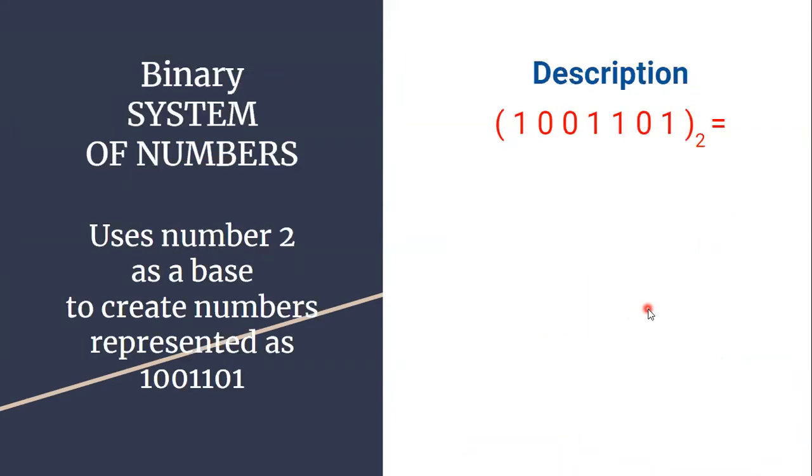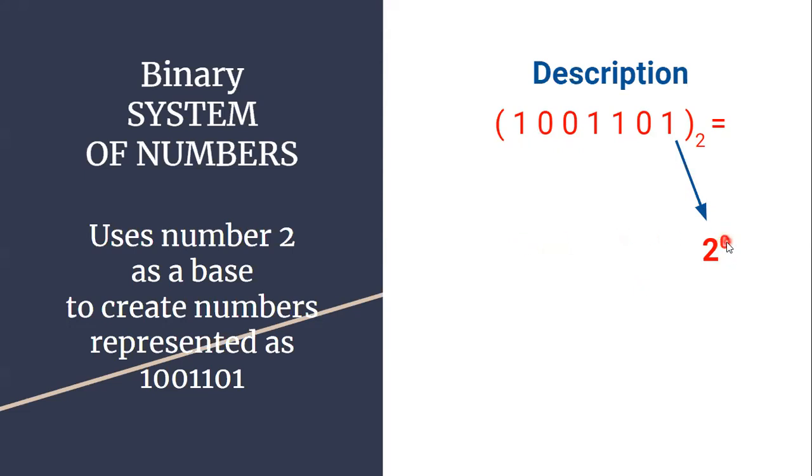So let's continue now with the conversion of this binary number to a decimal number. What I'm going to do is start from the right side of this binary number and write the base 2 to some powers. What powers?